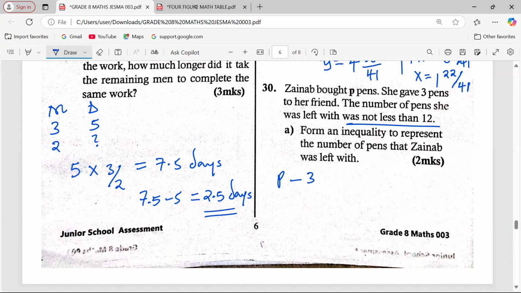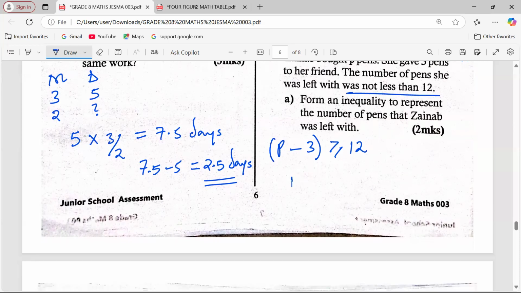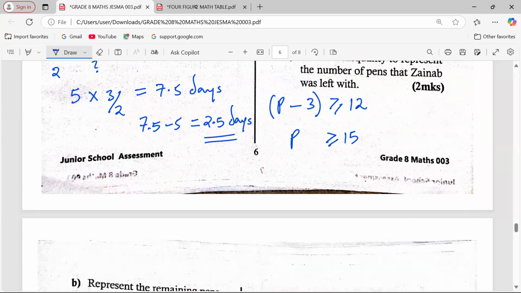Then now, after this subtraction, we are told that this number which remained, p minus 3, was not less than 12. Not less than 12 means can either be 12 or greater than that. So now we can remain with p here and add 3 to the other side, giving us 15. So that is it. P is greater than or equal to 15. That way.